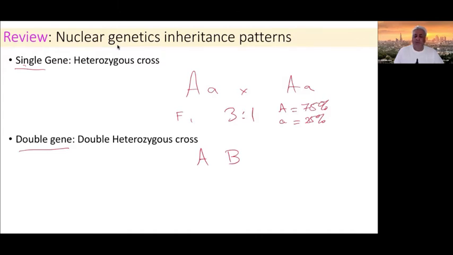So in a double heterozygous mating, we have 1 parent as a double heterozygote, and then we breed that parent with another heterozygote. And this time in the F1, we will have a pattern, and that pattern will be 9 to 3 to 3 to 1. And that's a phenotypic pattern too. So you should be familiar with those already.